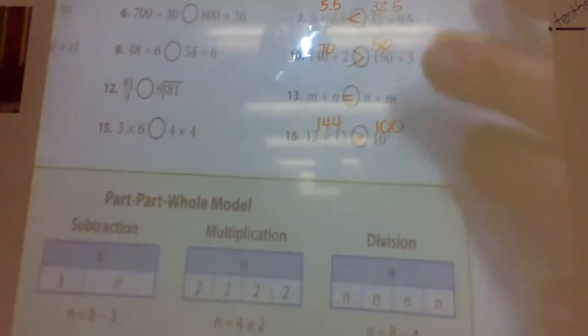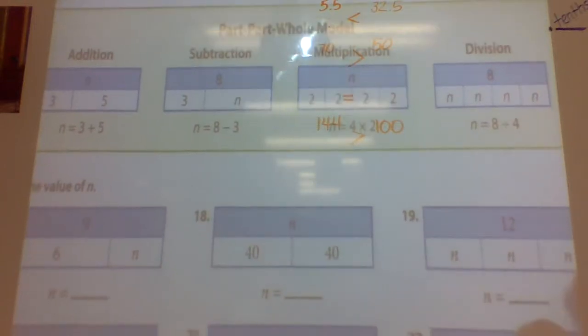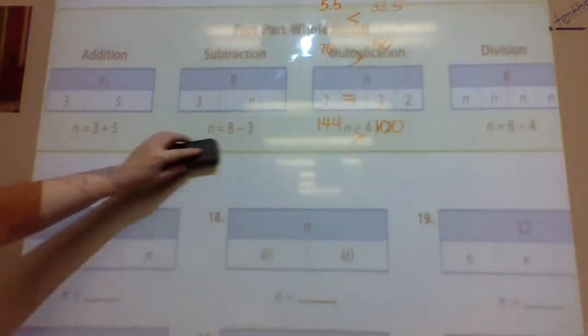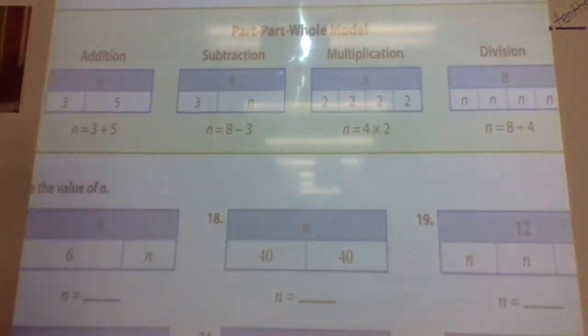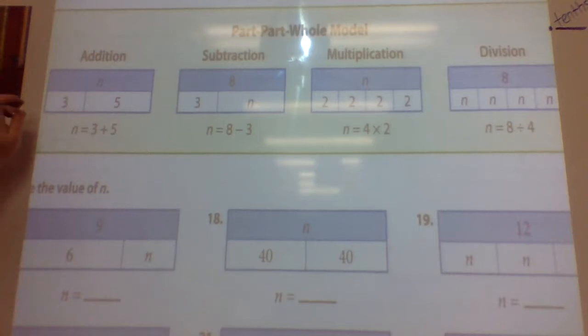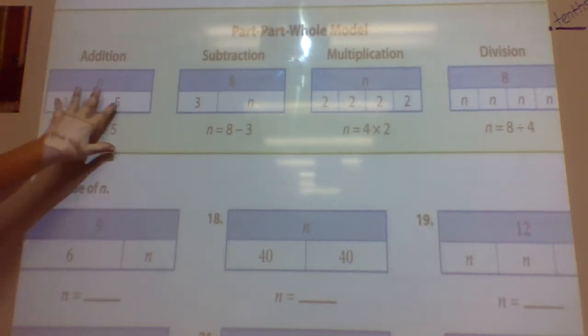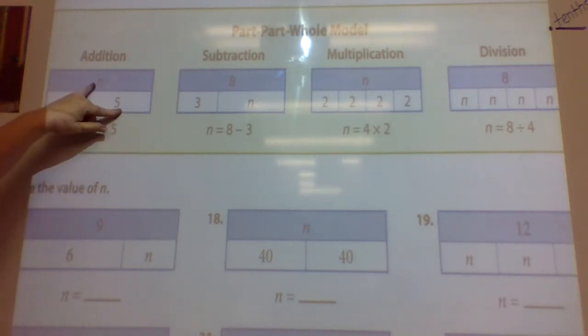Now look down at the next section. It says part whole model. Part whole model. So we have n. This is addition. n equals 3 plus 5, so n would equal 8.